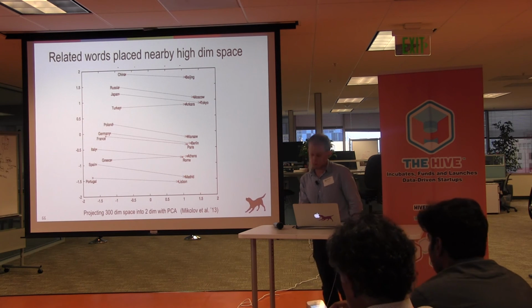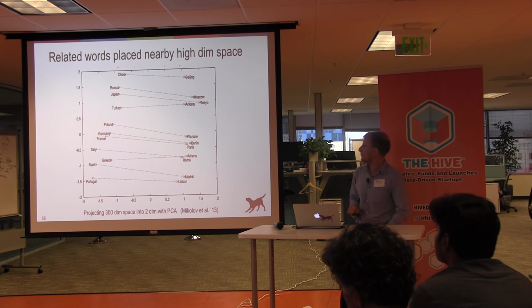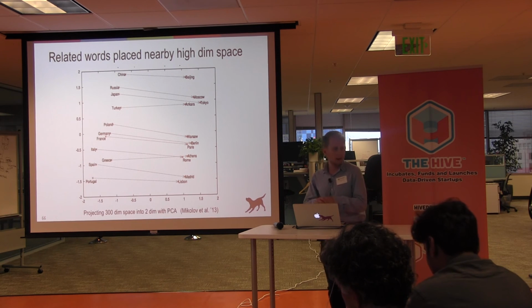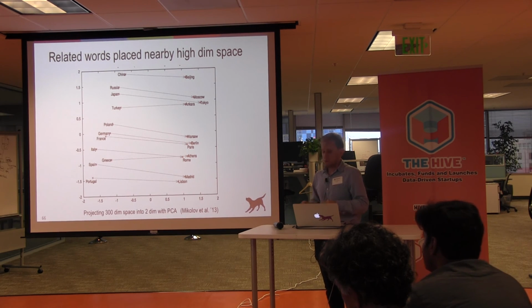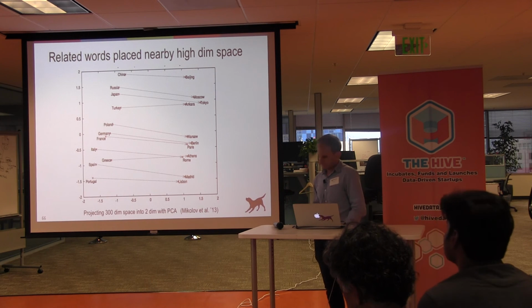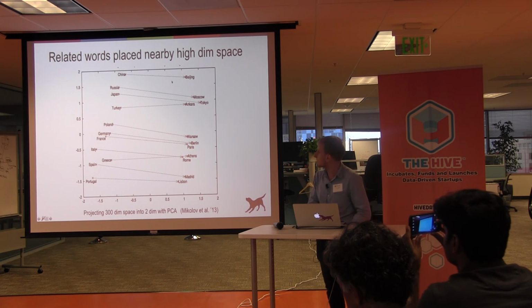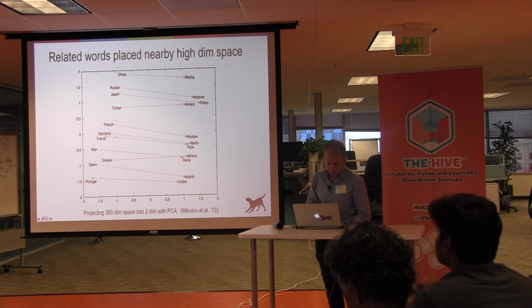And so this is how related words sit next to each other in high dimensional space. Basically what was done is these high dimensional, 300 dimensional word representations were reduced to 2 dimensions, I think via PCA. And you can see that there's interesting relationships. Like on the left, you have countries.